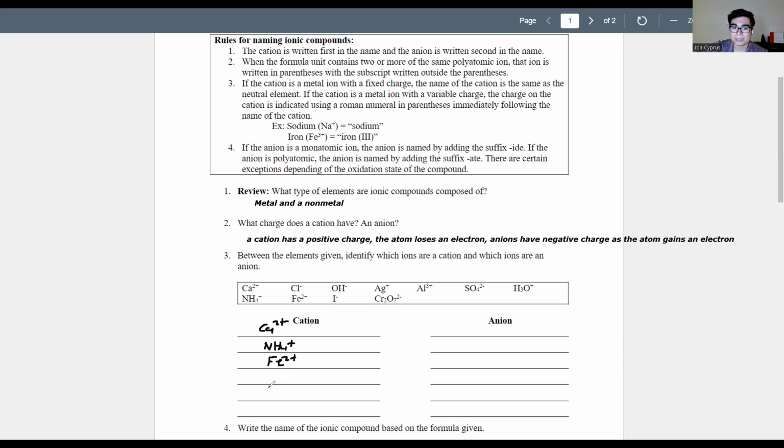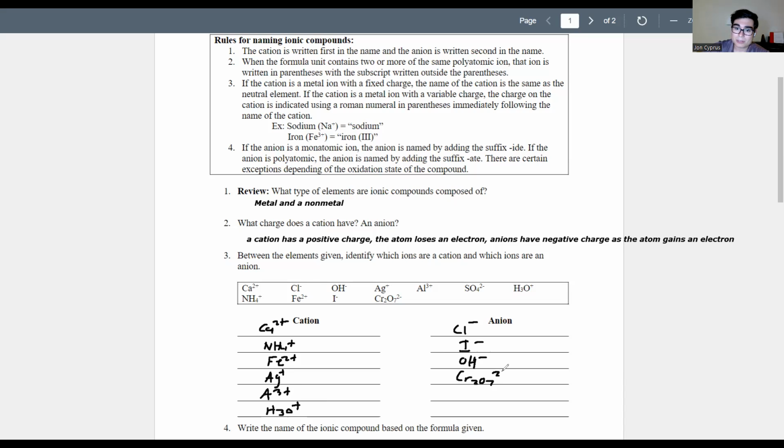These are all cations. Ag plus, that's silver, aluminum 3 plus, and then H3O plus. Those are all cations, and then we have anions. We have Cl minus, I minus, OH minus. That's hydroxide. That's how we refer to it.